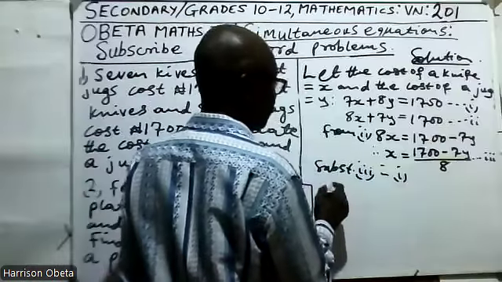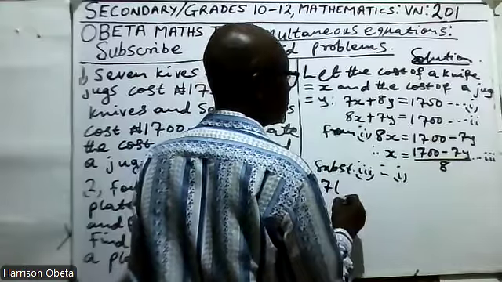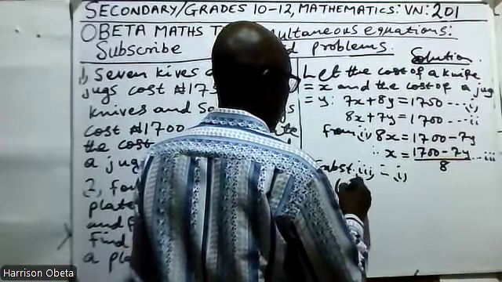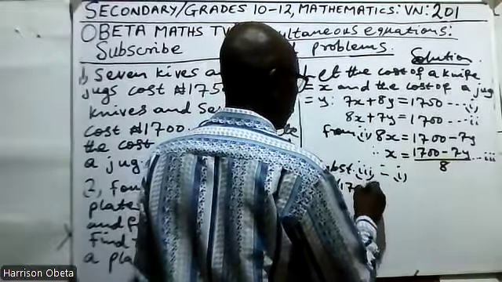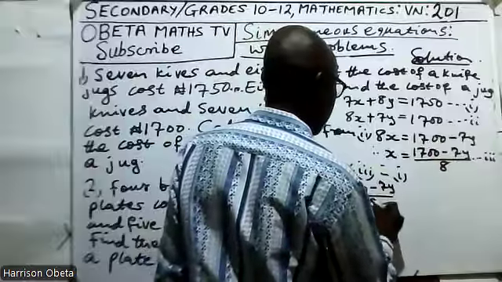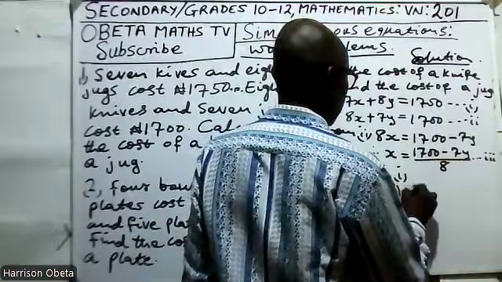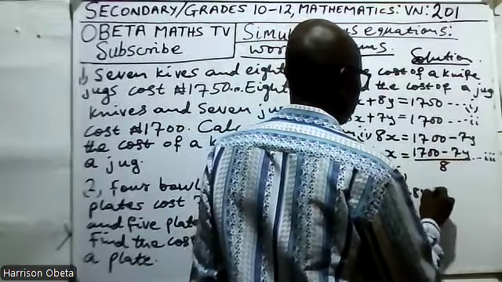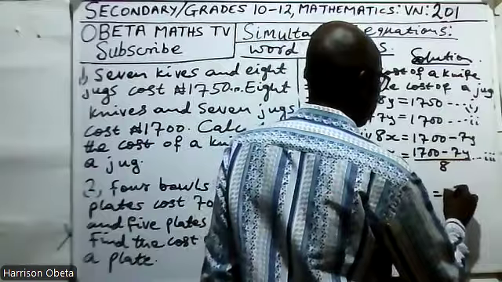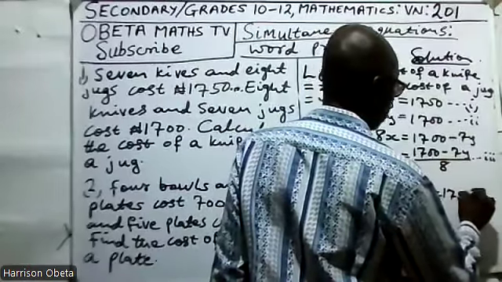And that means we have 7 brackets 1700 minus 7y all over 8, then plus 8y is equal to 1,750.